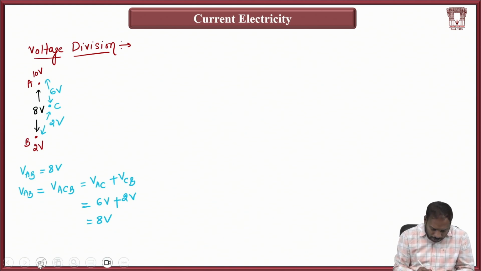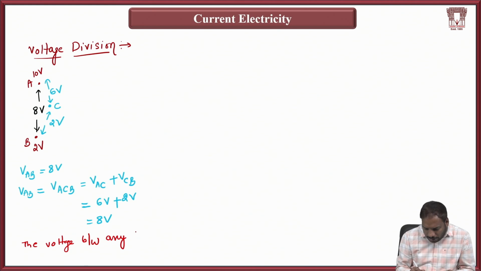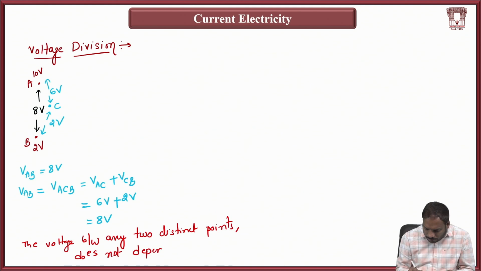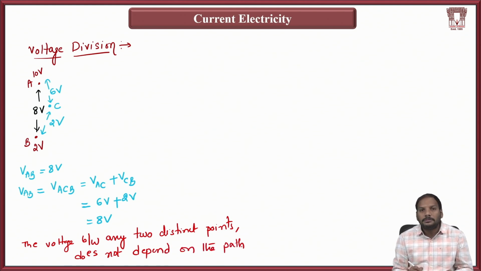The point you need to understand is that the measurement of the potential difference, or the voltage, between any two distinct points does not depend on the path you have considered.